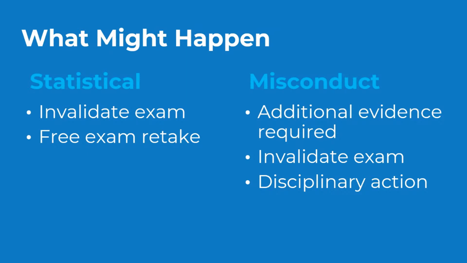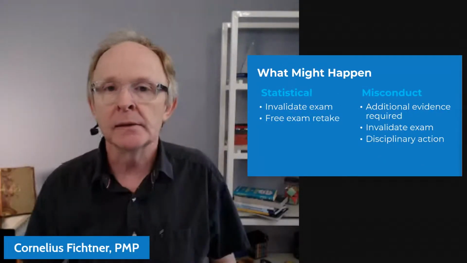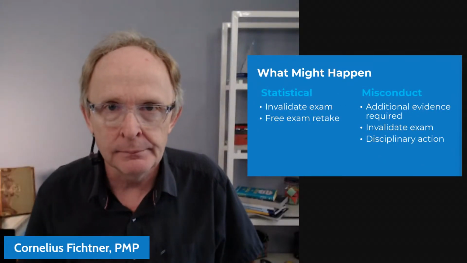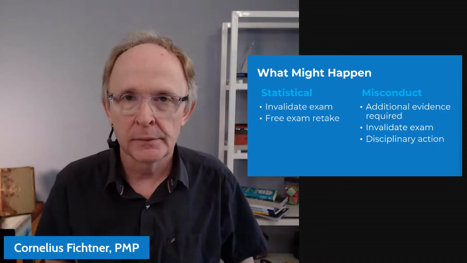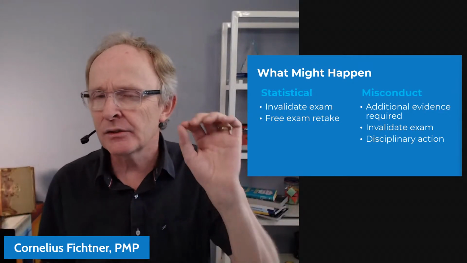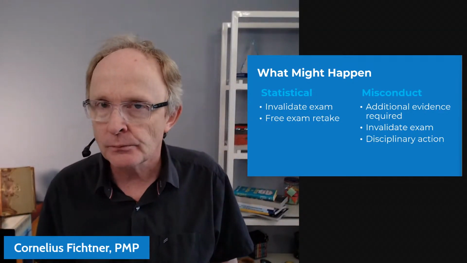But this is not everything PMI does. PMI doesn't stop there. When they suspect misconduct, right, they will look for it. They will look at the recording. They will look at all the data that is available to them. And if they find misconduct, if they find somebody who cheated, then they will invalidate the exam and say, your exam is not valid, and there will be disciplinary measures.